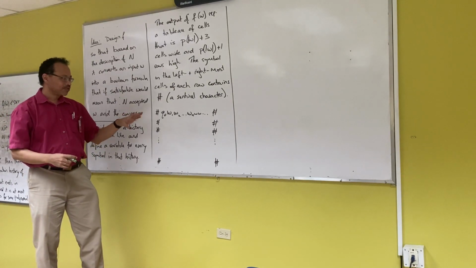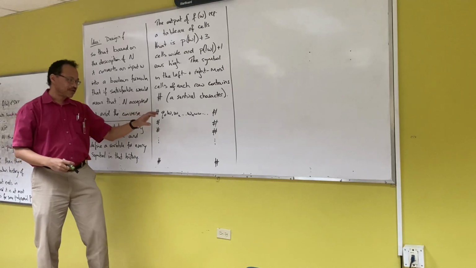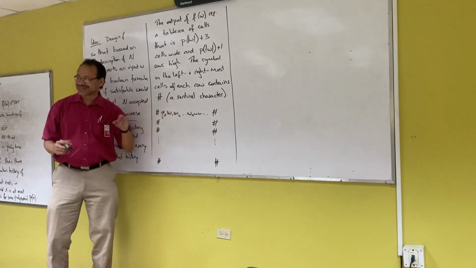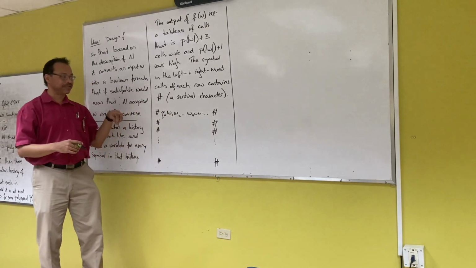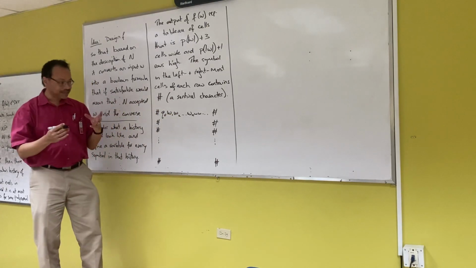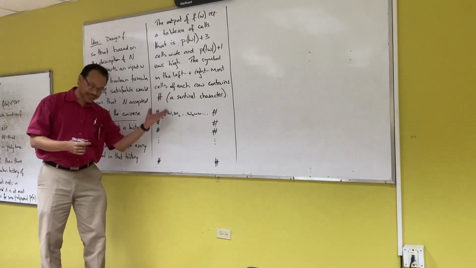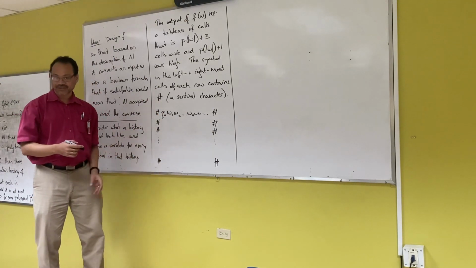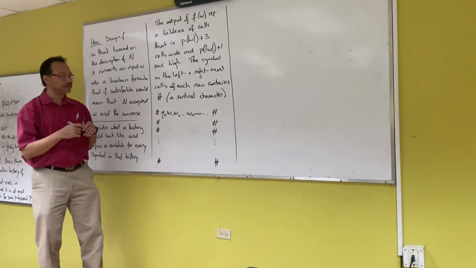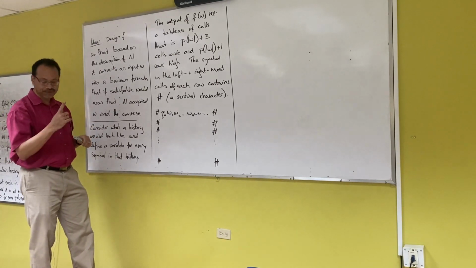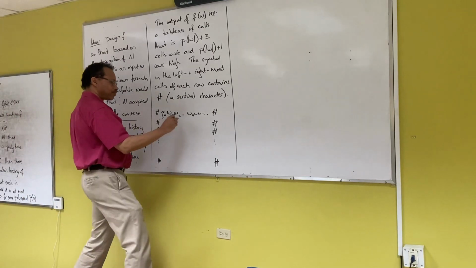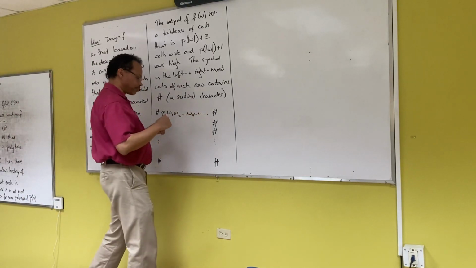Now, we're not actually going to output that string. We're testing for that string. Rather, what we're outputting is a formula that will check whether this is actually the case. So let's talk about the conditions that we need.